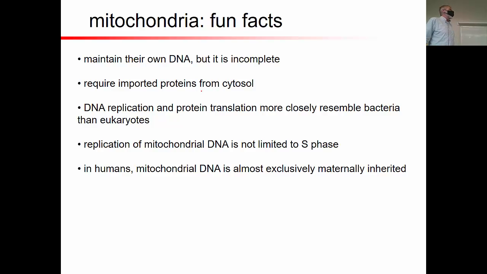So inside the mitochondria, DNA replication, transcription to RNA, and translation all occur. Most of the proteins in mitochondria, however, are now encoded on the nuclear chromosome. They are transcribed in the nucleus, translated in the cytosol, and then imported into the mitochondria.